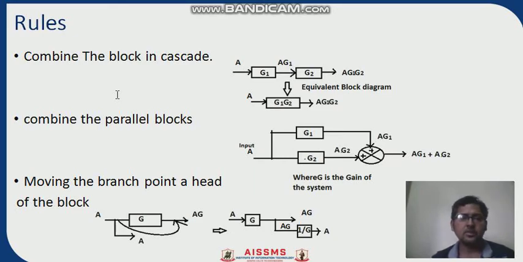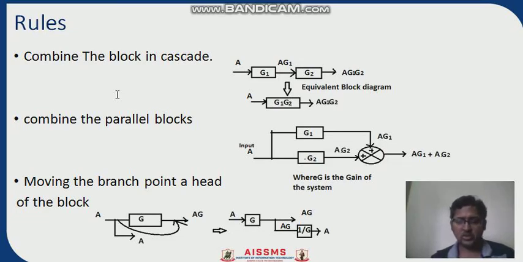Next, moving the branch point ahead of the block. Here G is the gain of the system and A is the input, so the output will be AG.